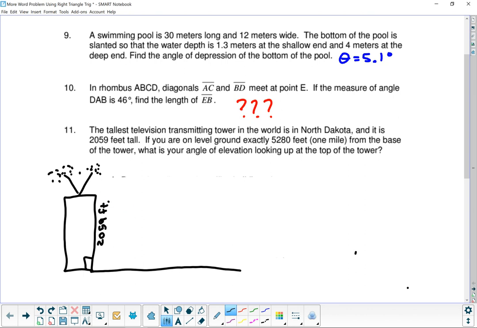If you're on level ground exactly 5,280 feet from the base of the tower, what is your angle of elevation looking up at the top of the tower? Let's just draw it out. Okay, that's the antenna.